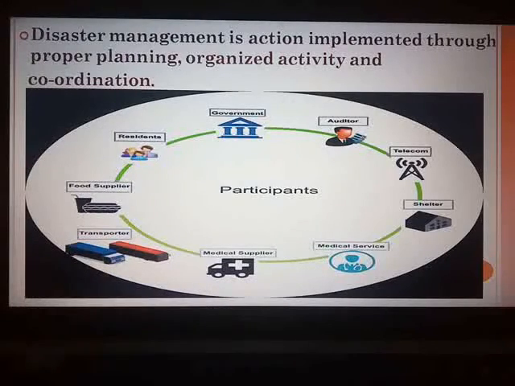What medical service can you provide to the victims? Medical suppliers, vehicles, vans, ambulances, and transporters are very important for transporting the victims, and food materials and water to the victims, food suppliers, the residents. So these are the different participants in disaster management.